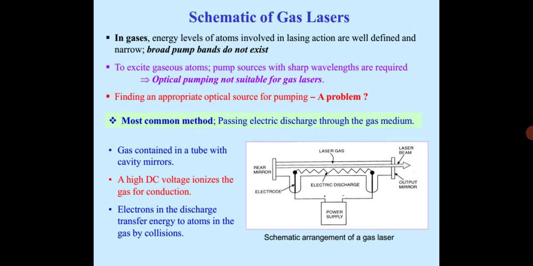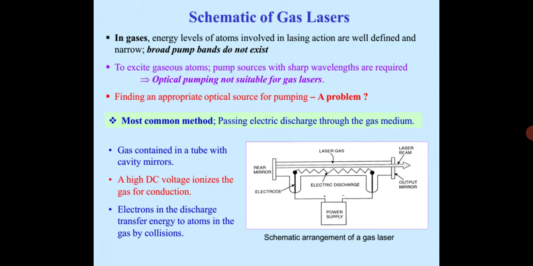Now, schematic of gas lasers. In gases, energy levels of atoms involved in lasing action are well defined and narrow. Broad pump bands do not exist. Means whatever may be the lasing medium, the lasing action is done by the atoms.